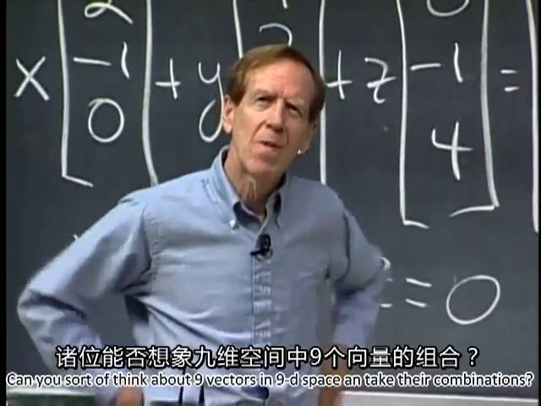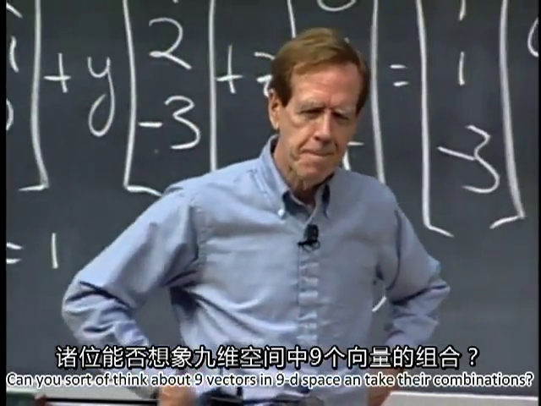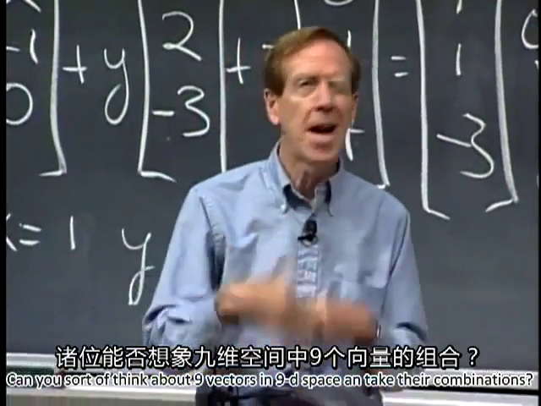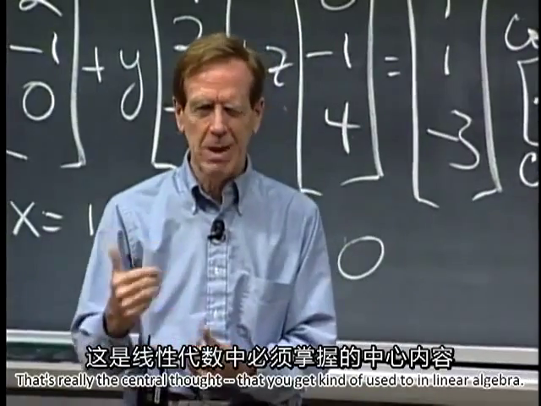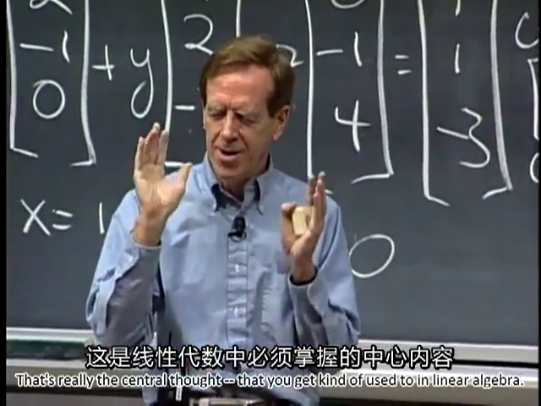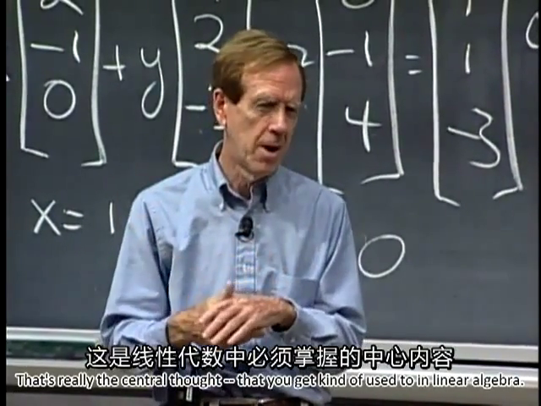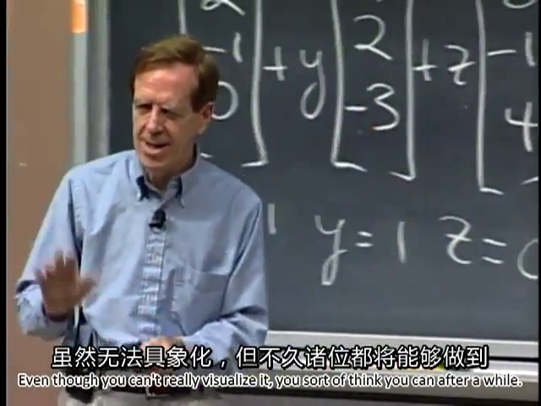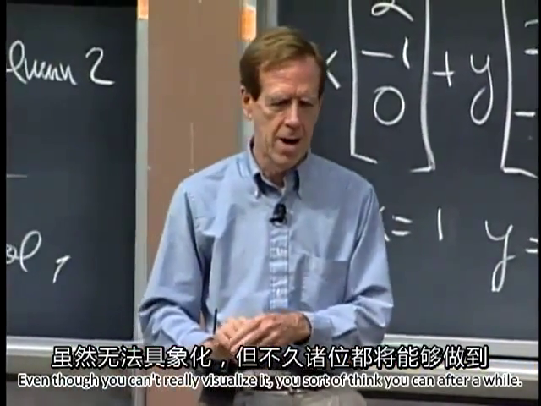Can you sort of think about 9 vectors in 9-dimensional space and take their combinations? That's really the central thought that you get kind of used to in linear algebra, even though you can't really visualize it.